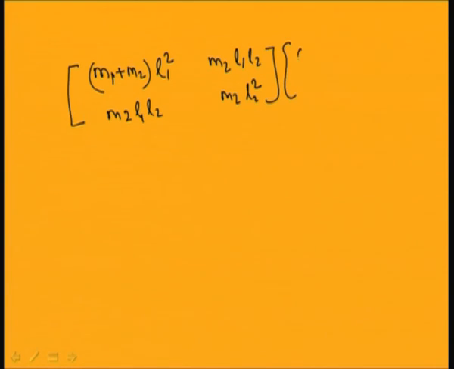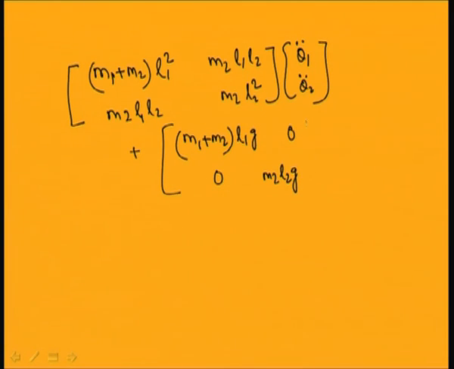So this becomes (m1 plus m2) L1 square, m2 L1 L2, m2 L1 L2, m2 L2 square into theta 1 double dot, theta 2 double dot, plus (m1 plus m2) L1 g, 0, 0, m2 L2 g into theta 1, theta 2, equal to 0, 0.